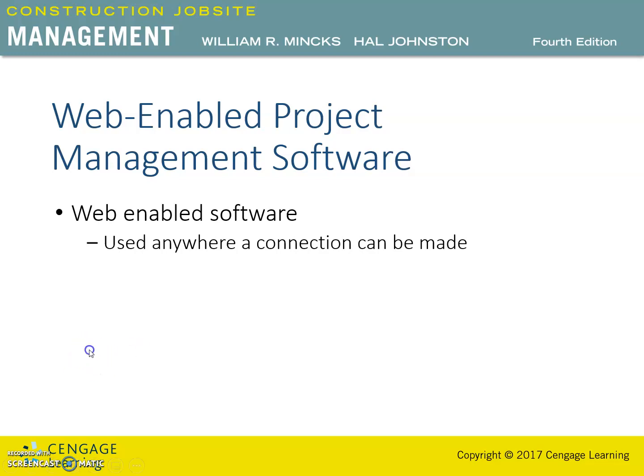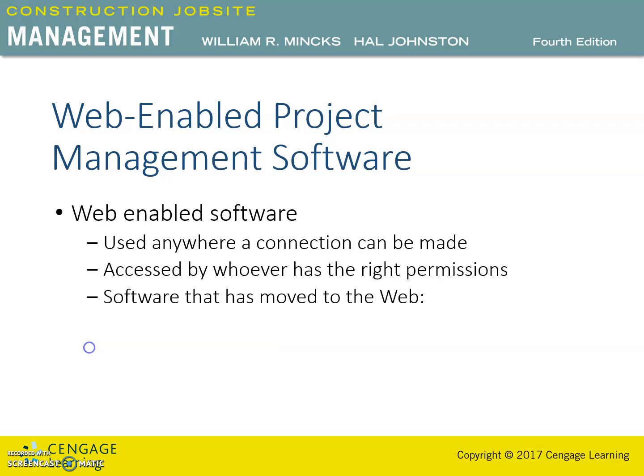By web enabling software, the software can be used anywhere a connection to the network can be made, and it can be accessed by whoever has the right permission. A project's complete database can be shared among the project team. Time efficiency and collaboration are the main reasons to use this type of project management system.